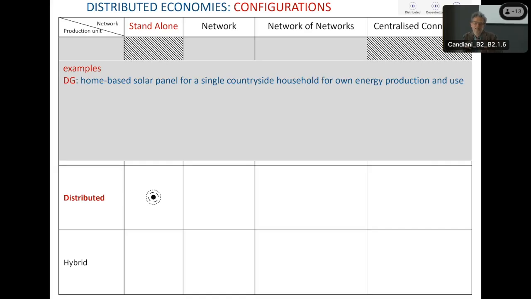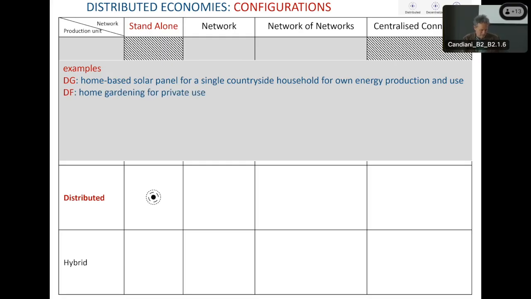So there is a person in the countryside producing the energy, and maybe it's so far away from many others that building a connection to a nearby producer of energy could be too costly or unnecessary. So in that case it's standalone.